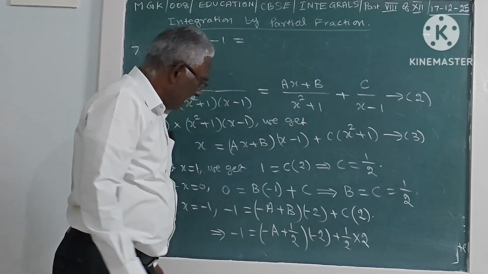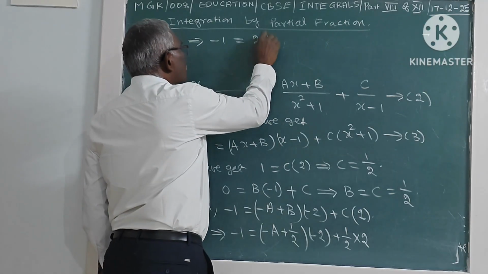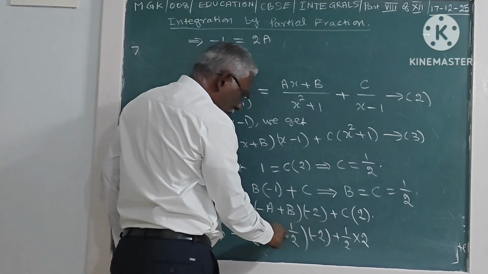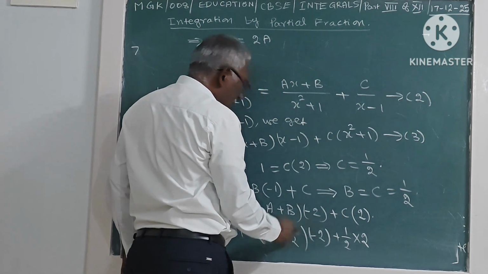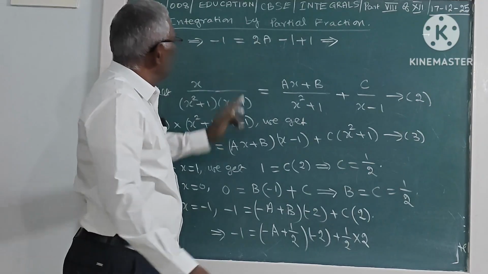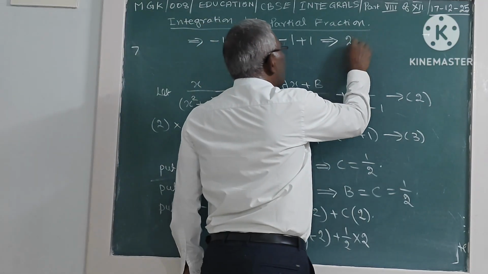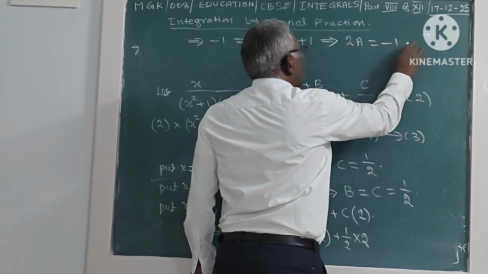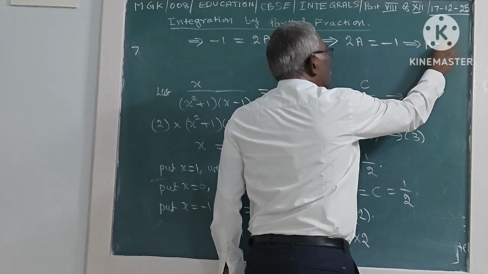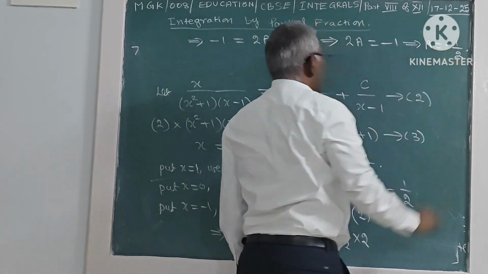So it will be 2a. Minus a into minus 2 is 2a, plus minus half into 2 is 1. So minus 2a is minus 1, or a is equal to minus 1 by 2.